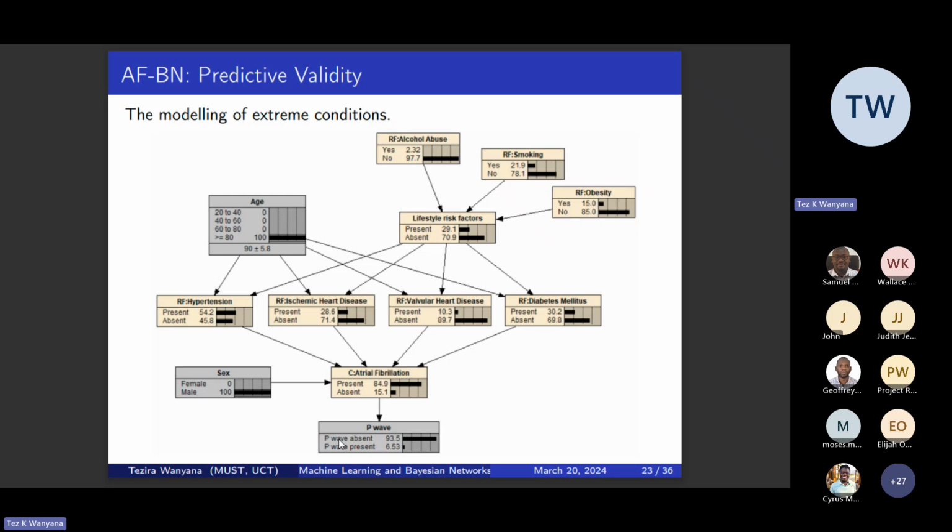And then the third thing about looking at predictive validity is actually modeling extreme conditions. And so we have some extreme conditions, especially when it comes to atrial fibrillation. Of course, the chief indicator is that the Pwave has to be absent.